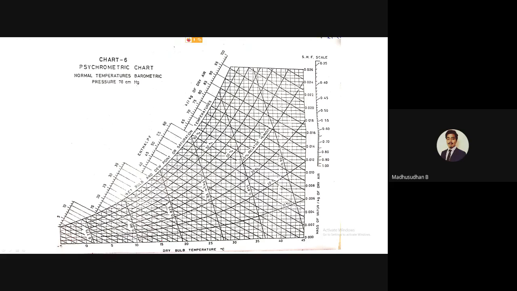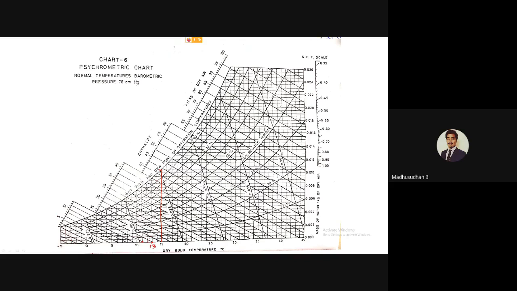Here is your 15 degrees Celsius line. Just draw it fully, like this. Good. Now spot the WBT. What is the WBT value? 13 degrees Celsius. So this is 10, 11, 12, and this is 13 degrees Celsius.